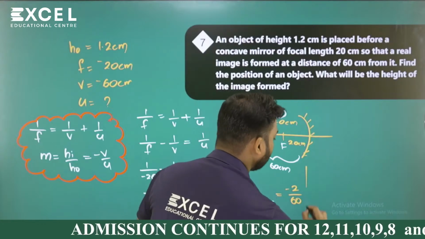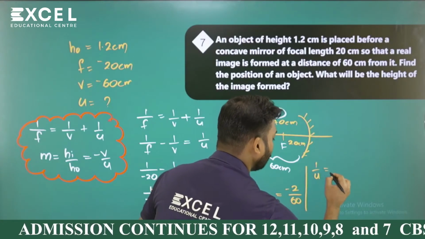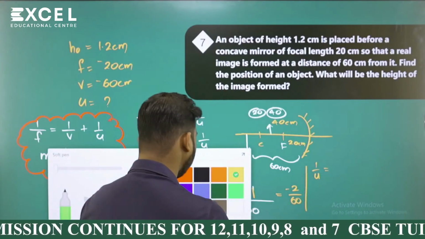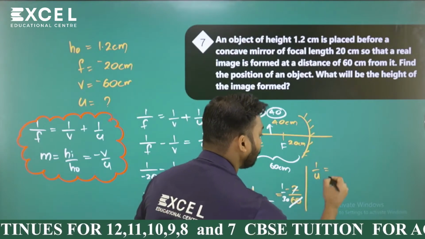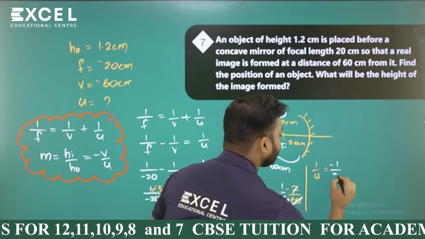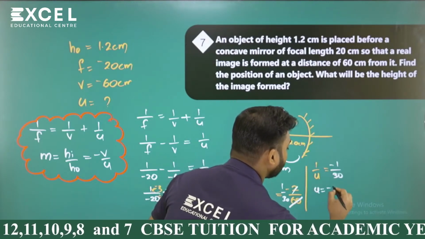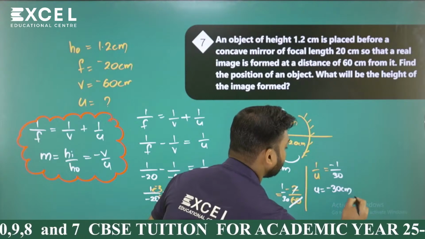We can cancel this, and it will be 1/30. So 1/U is equal to minus 1/30, so U is equal to minus 30 centimeter.